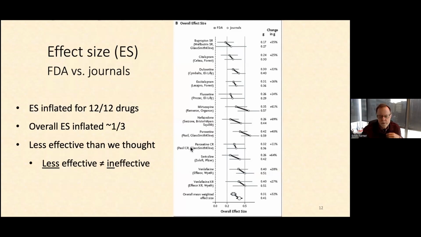So we talked about studies being positive or negative, and from a statistical standpoint that's probably an oversimplification, because it hinges on a p-value being less than 0.05 or greater than 0.05.